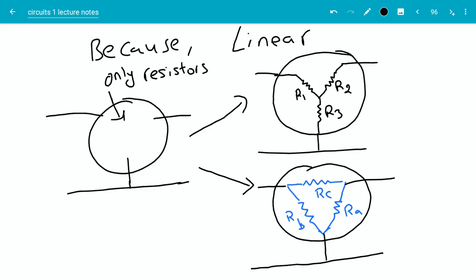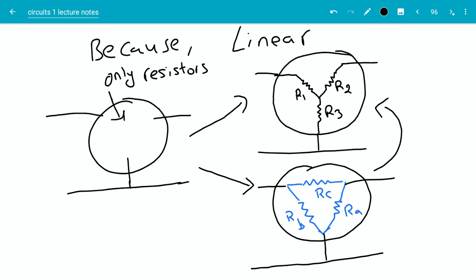At this point, please pause the video and try to come up with some other way of connecting three resistors, and then convince yourself that these are the only two ways. Note that a delta circuit is a circuit which contains only resistors and has three wires coming out of it. That means you can replace a delta circuit with a Y circuit.